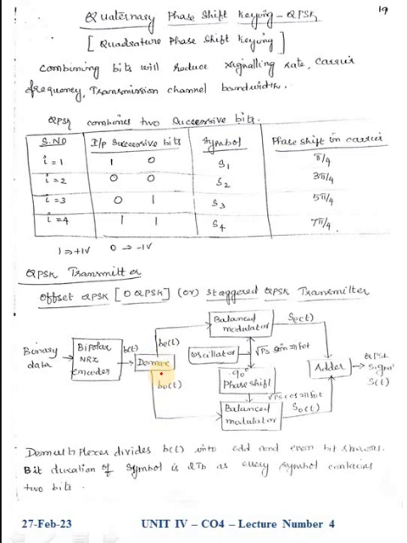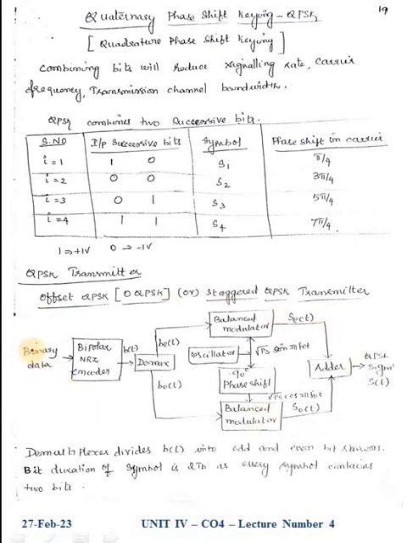This demultiplexer divides the bit stream into even and odd signals. Even bits are generated after odd bits, so it takes one period of delay, and that delay is called the offset delay. So this is the general block diagram.